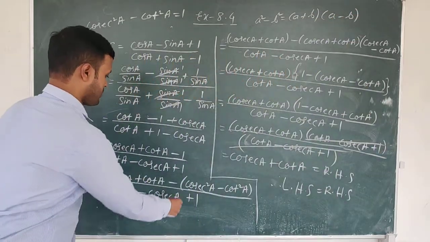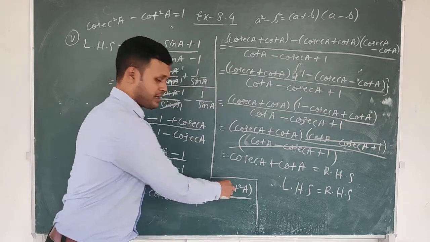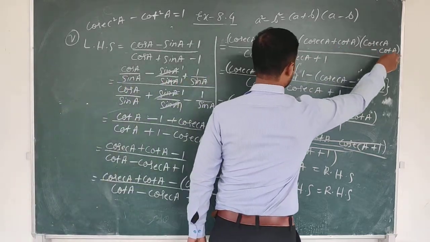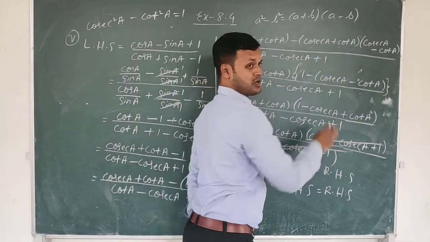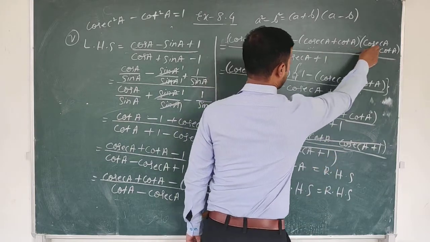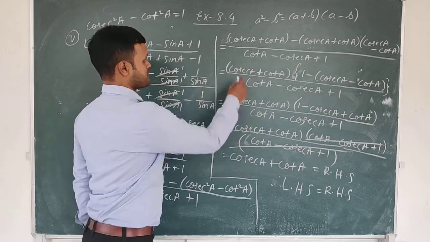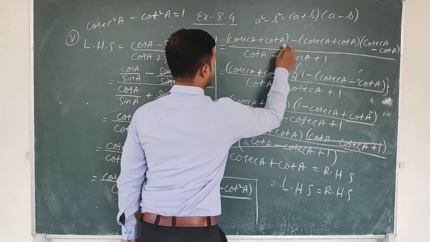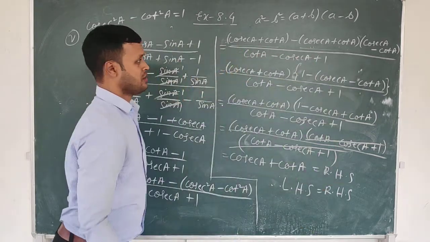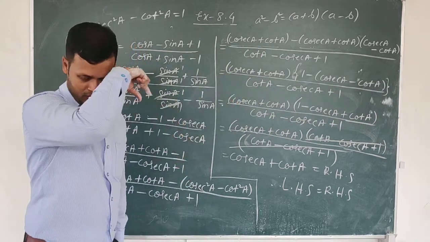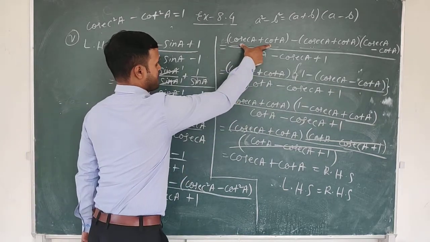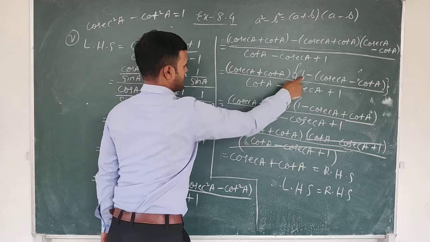So in place of cosec square A minus cot square A, just write A plus B into A minus B: cosec A plus cot A into cosec A minus cot A. Next, from here I took common cosec A plus cot A. From here if I take cosec A plus cot A common, then I will get 1.